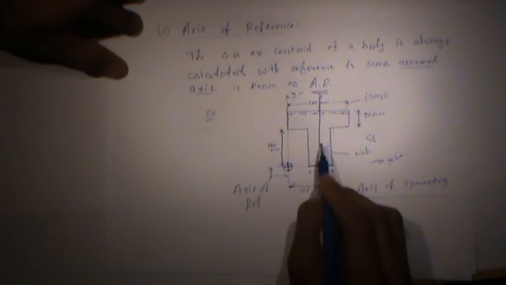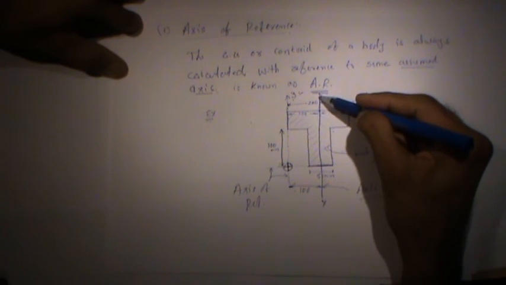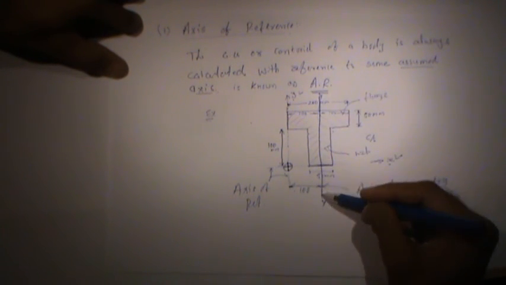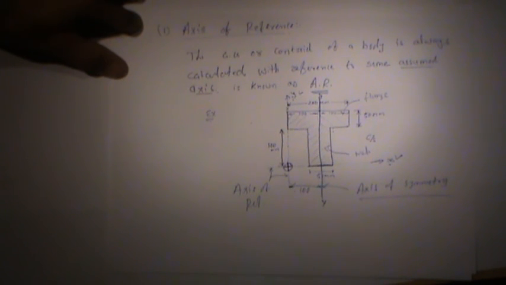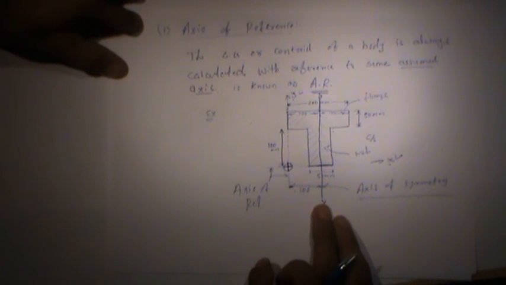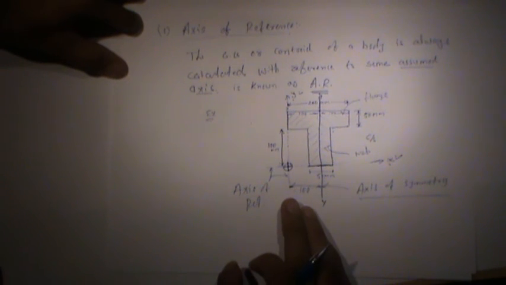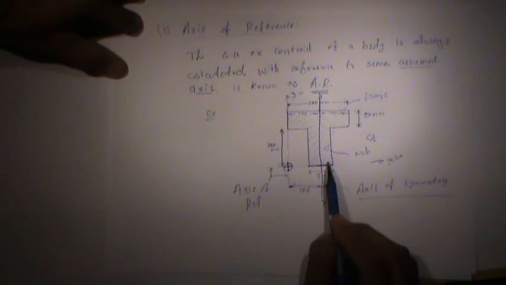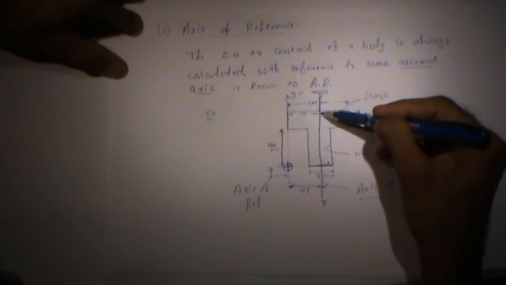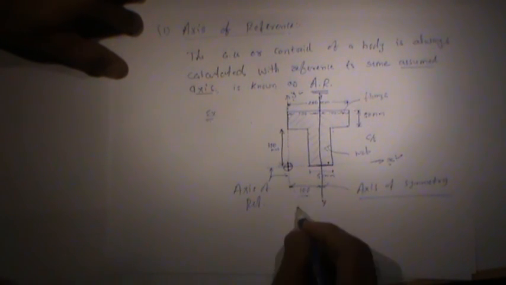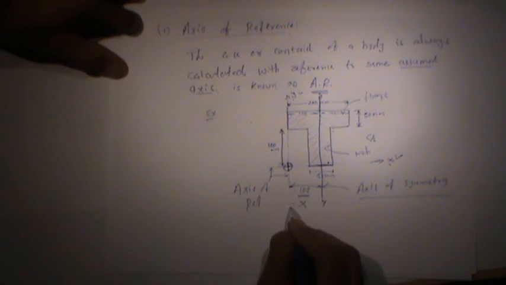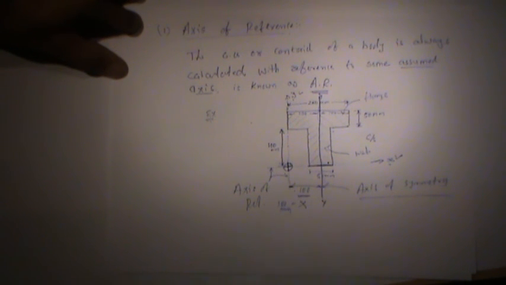It means this T-beam is symmetrical along this axis, and that is known as the axis of symmetry. We have another thumb rule: if you have a cross section which is symmetrical about the y-axis, then you directly get the x bar. So here x bar is 100 mm.